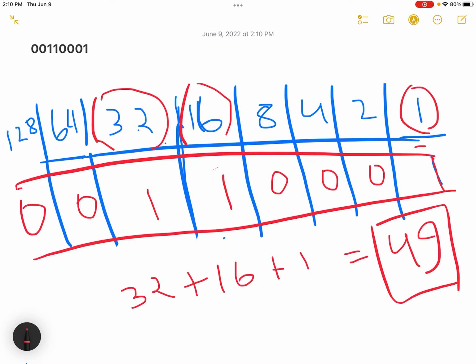Just remember the place value of the binary in the 8 digits. We go from right to left: 1, 2, 4, 8, 16, 32, 64, 128. That's how we find any binary or decimal number using these patterns.